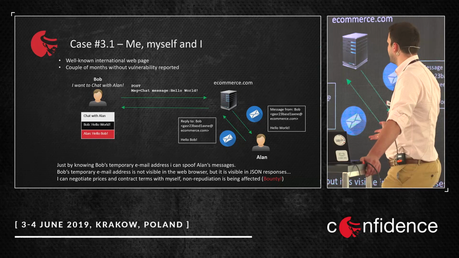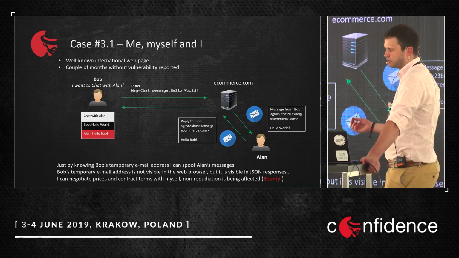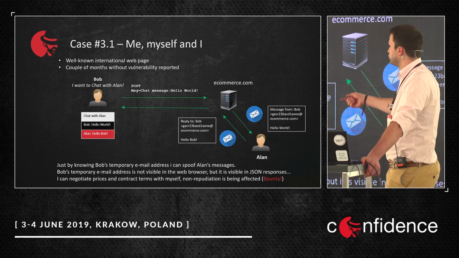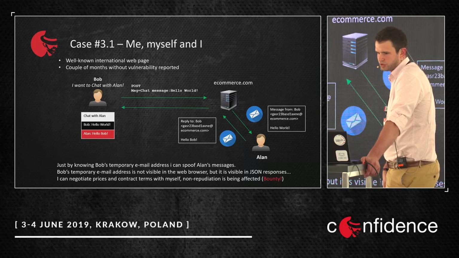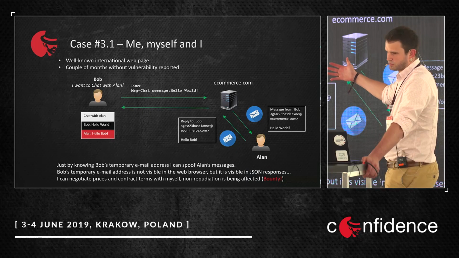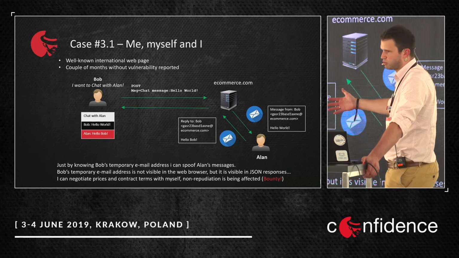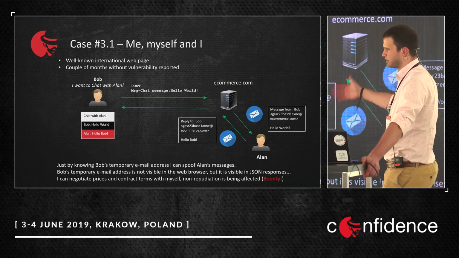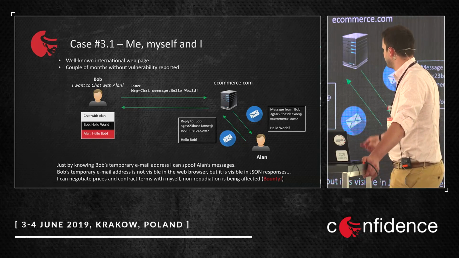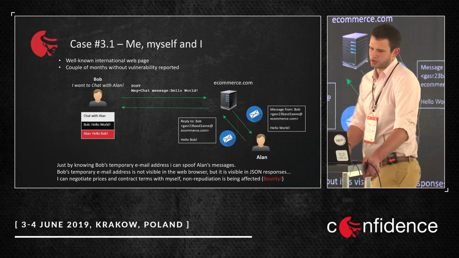So just by sending a message from that email to that email, you were able to spoof the messages in the communication. You were able to create the communication by yourself. So you could talk one to each other, agree on some contracts, terms or whatever, and then non-repudiation is being affected.